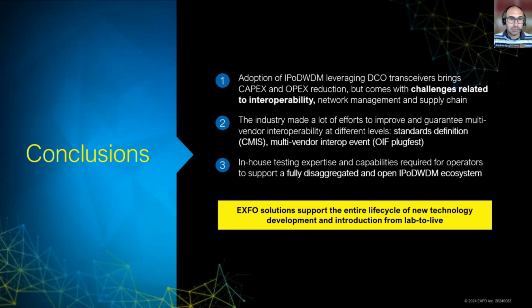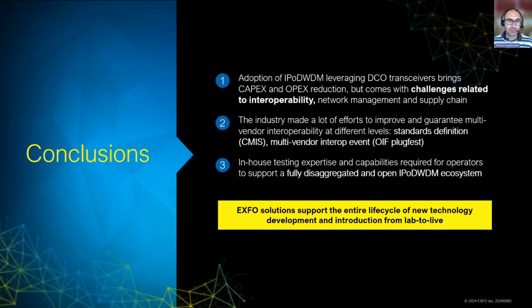So bottom line, just to summarize, the adoption of IP over DWDM, which is leveraging DCO transceivers, clearly brings CAPEX and OPEX reduction and savings, but clearly comes with challenges related to interoperability, network management, and supply chain.